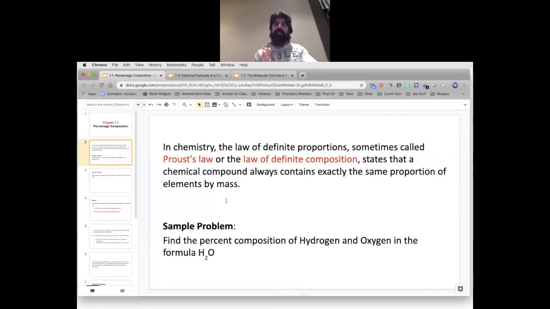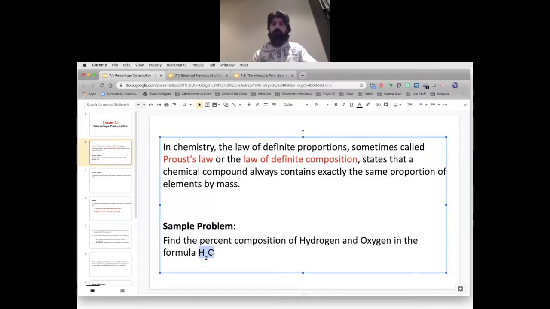So, what that means is that, take for example the sample problem that I have here at the bottom, the composition of this formula is going to be exactly the same for every water molecule, based on the percent composition of hydrogens and oxygens in the entire formula.